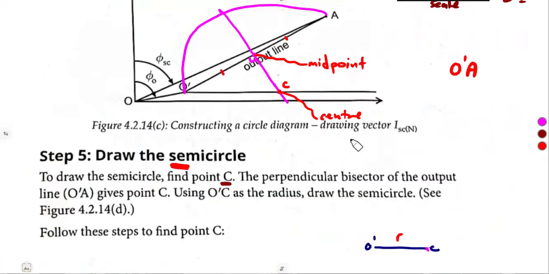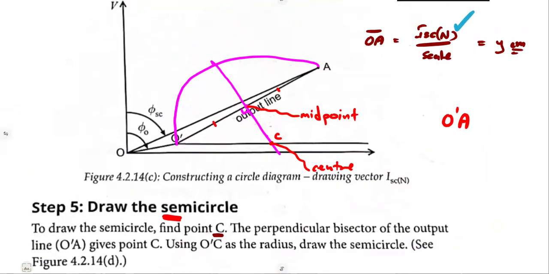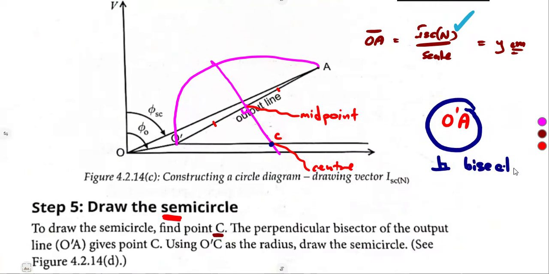In order for us to have the point C, we must have a perpendicular bisector of this line, O bar to point A. Remember, a bisector divides into two equal parts, and perpendicular means it must be at 90 degrees.